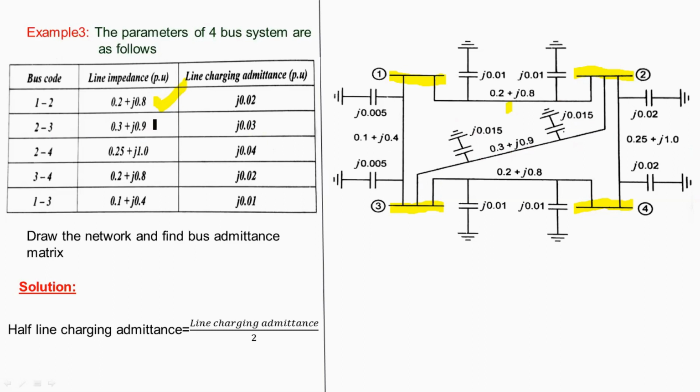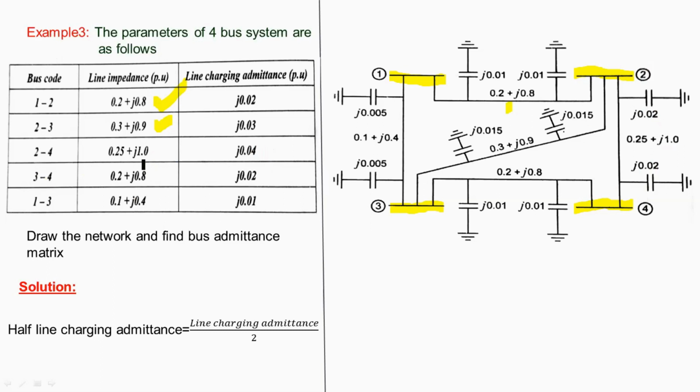Then the third one, between buses 2 and 4, has the value 0.25 plus j 1. The half line charging admittance, j 0.04 divided by 2, is j 0.02. This is another transmission line connected between 2 and 4.